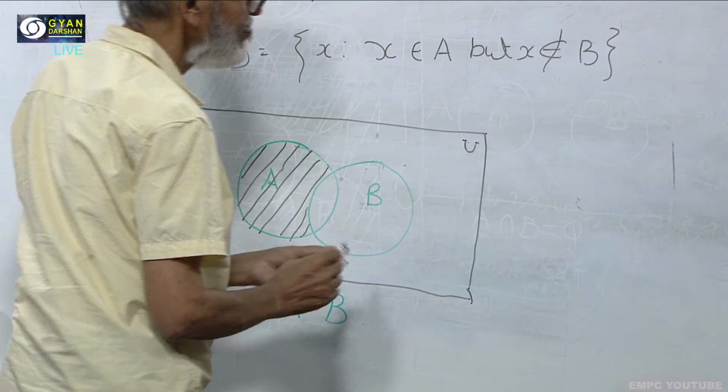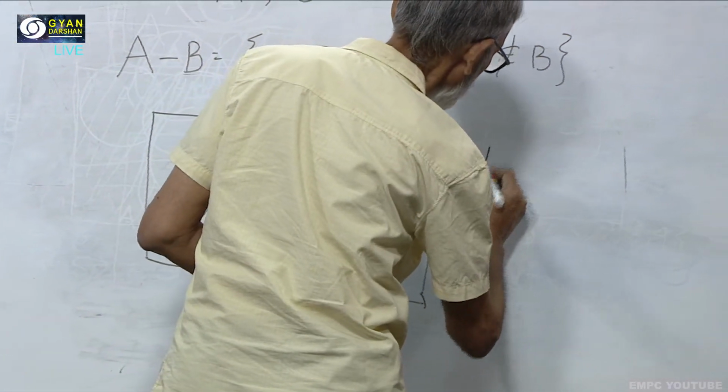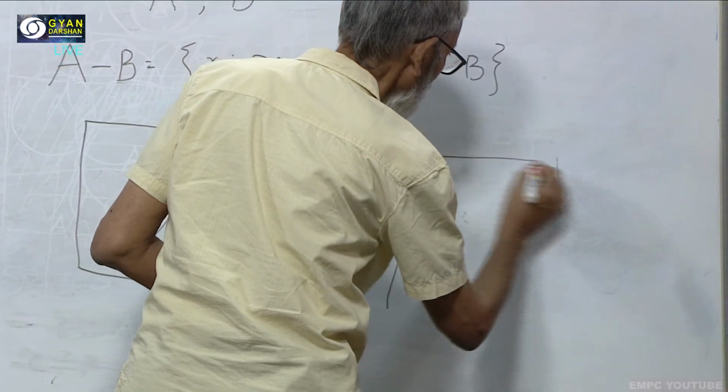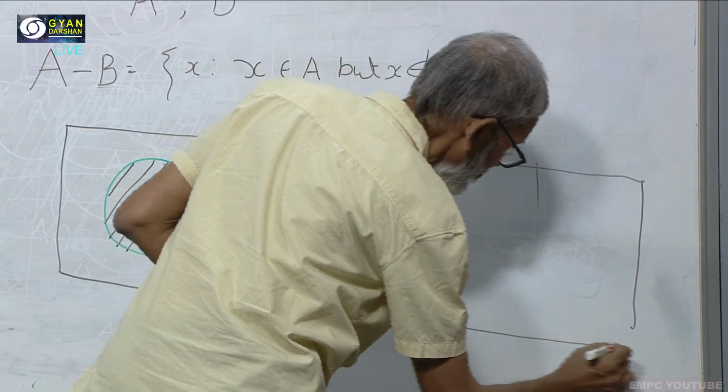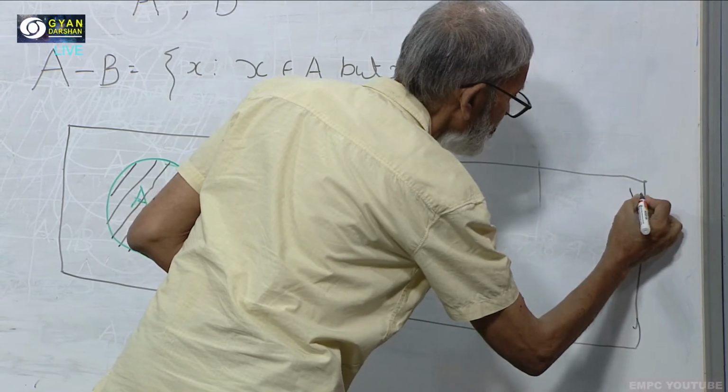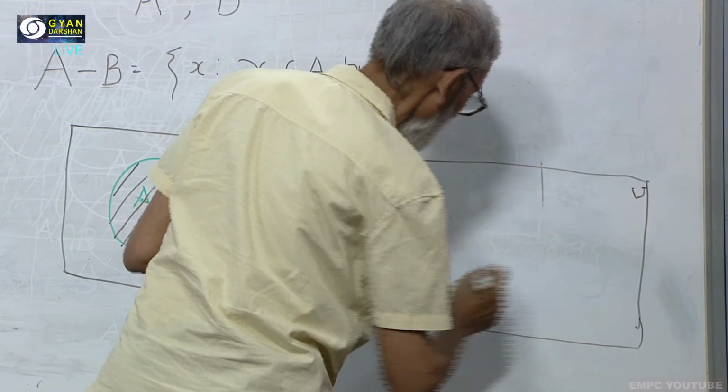Similarly, what will be B minus A? This is the universal set.